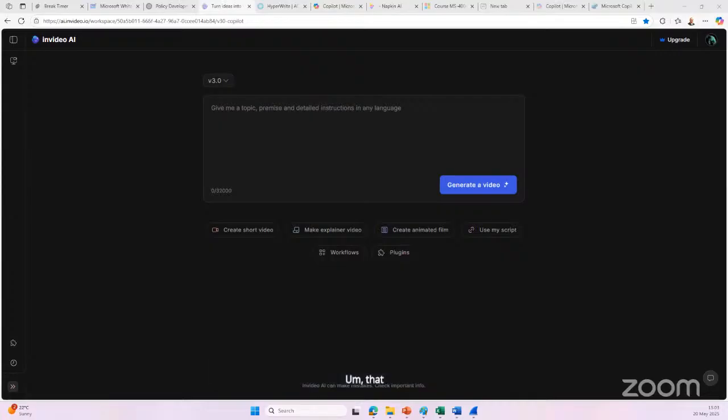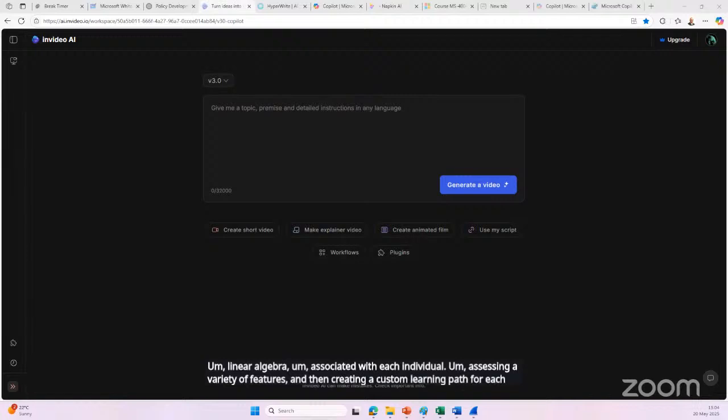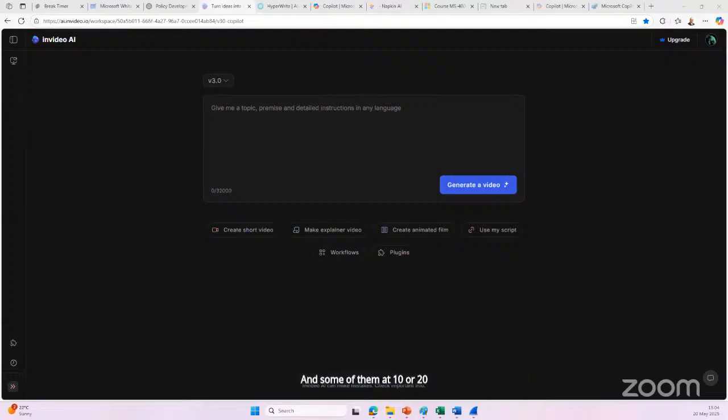So what we did is we used this artificial intelligence system to do things like assessing the level of linear algebra associated with each individual, assessing a variety of features, and then creating a custom learning path for each. Some learning paths were 3 months in length, and some were 12 months in length. Some had 3 or 4 different programs, and some of them had 10 or 20 different programs, right?